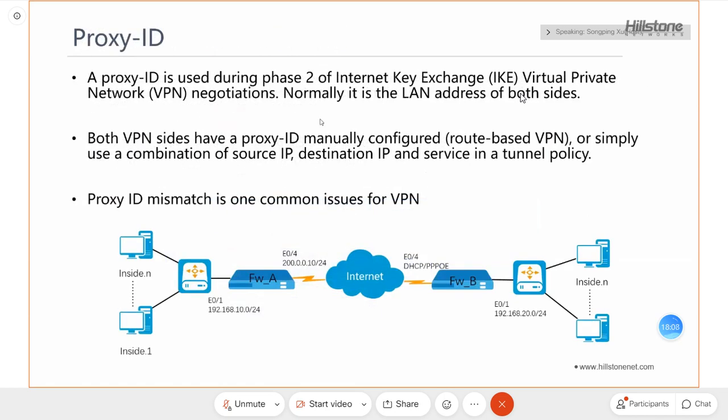And another one is Proxy ID. Proxy ID is used during phase 2 for the IKE VPN negotiations. Normally, the proxy ID will be the LAN address entry for both sides.